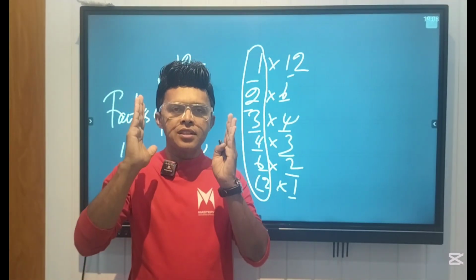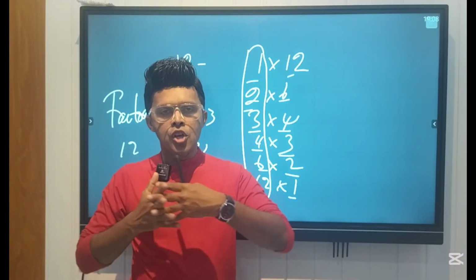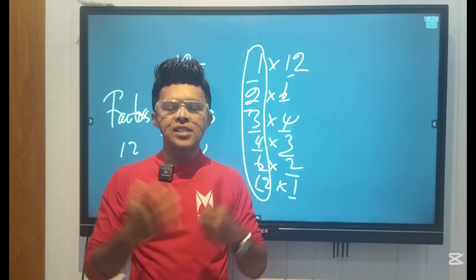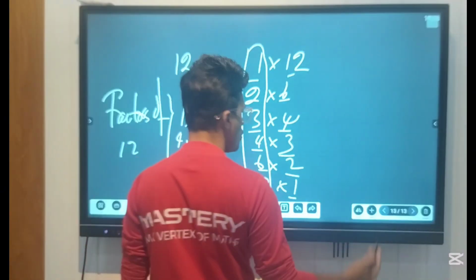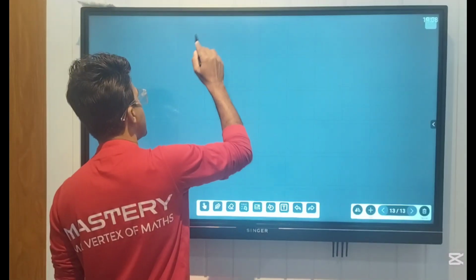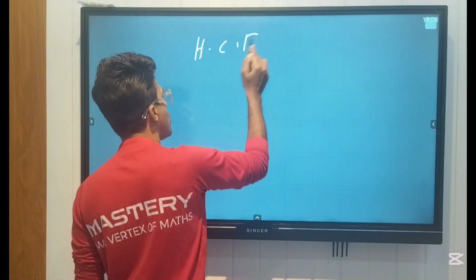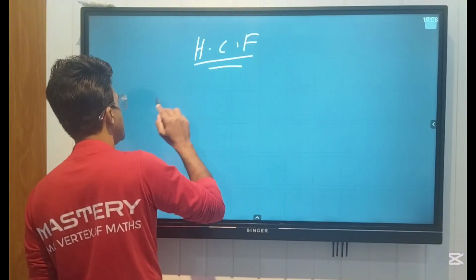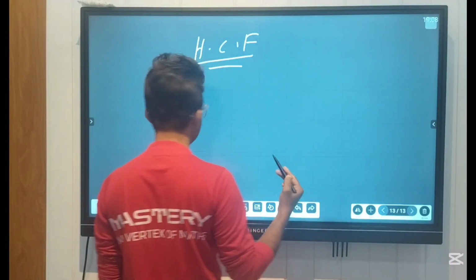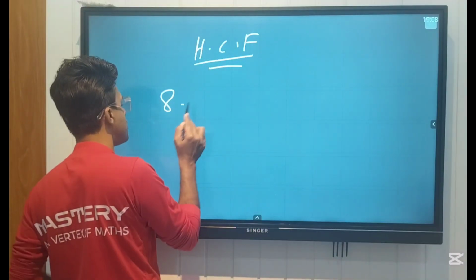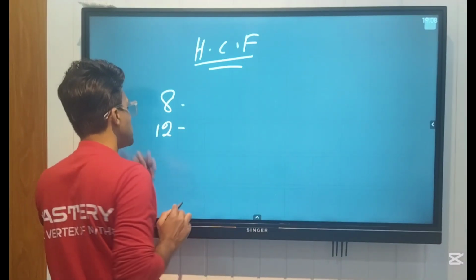So considering the factors of a given number, you could find the HCF of numbers. How do we get the highest common factor of 12 and 8? You are given 8 and 12 to find the HCF.